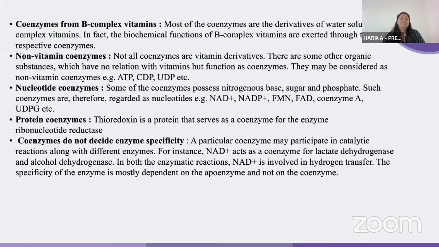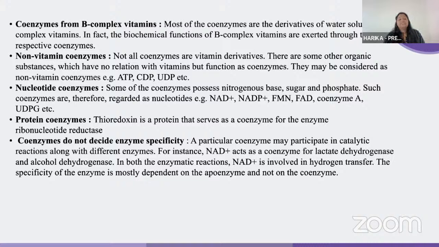So coenzymes are formed from B complex vitamins. Most of the coenzymes are derivatives of water soluble B complex vitamins. That means biochemical functions of B complex vitamins are exerted through their respective coenzymes.